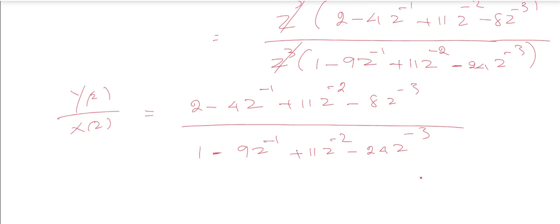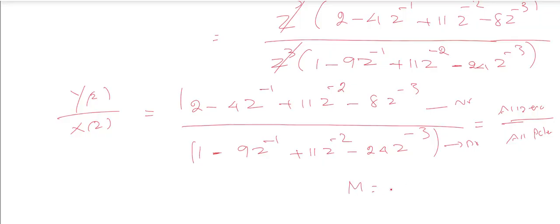So you can represent it in terms of all zeros and all poles of the system, because the numerator polynomial coefficients are the zeros of the system and the denominator polynomial coefficients are the poles of the system.